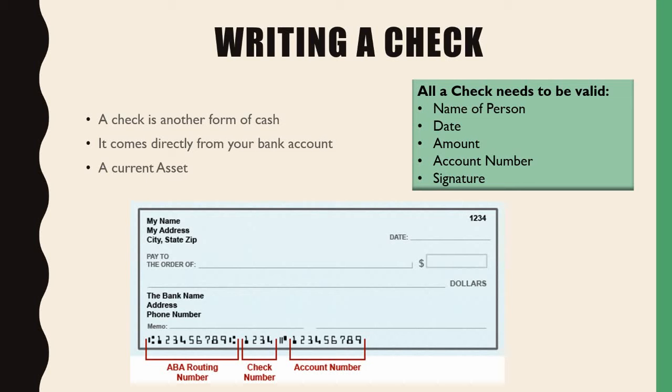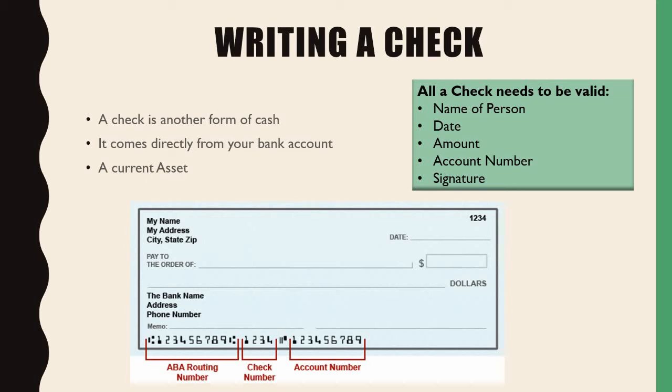Now, you also need to understand that this check needs to have those five components. It needs to have a place where it's taking the money out of. It needs the amount, the date, and the signature.